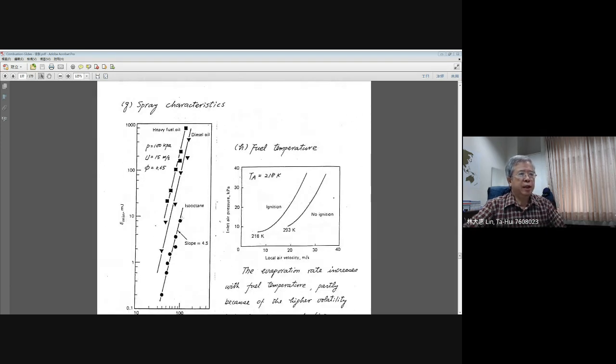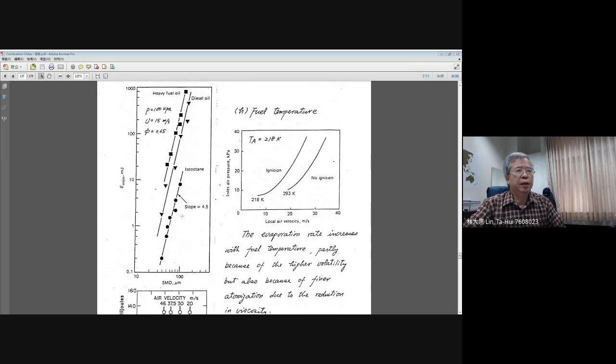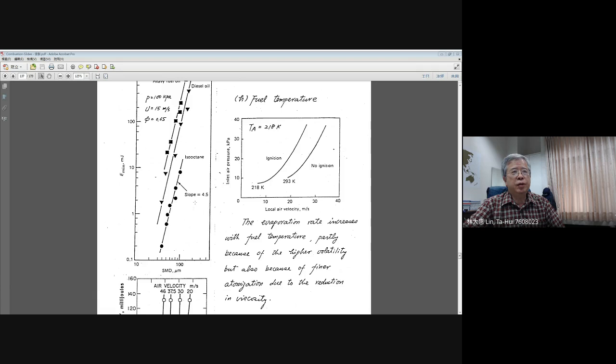Spray characteristics are another important factor. You can see the Sauter diameter: if you have a larger Sauter diameter, then you require a larger minimum ignition energy for different fuels. And fuel temperature is also important.